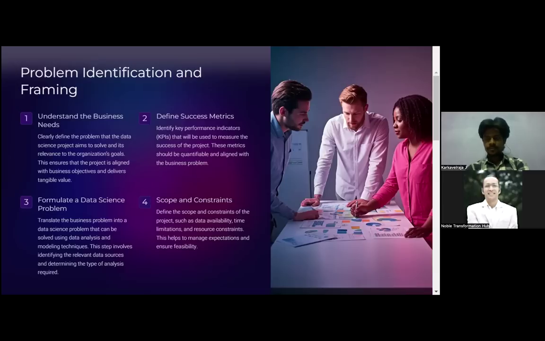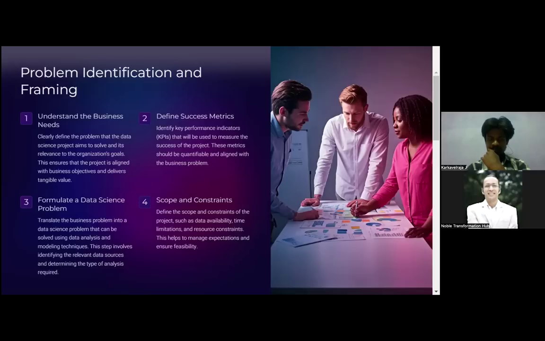Scope and constraints. Define the scope and constraints of the project, such as data availability, time limitations, and resource constraints. That will help you manage expectations and ensure feasibility. Scope is very, very important, and so are the constraints.